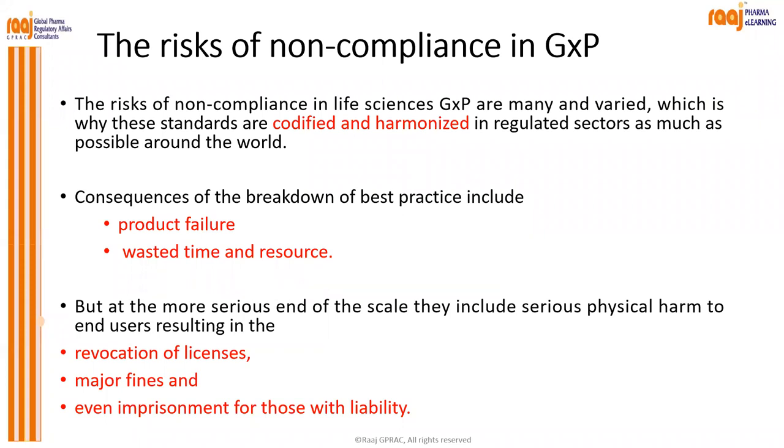So ICH and ISO are the high-level standards published to harmonize the system. And that's why we need to follow all these standards when we are working in the GxP environment.